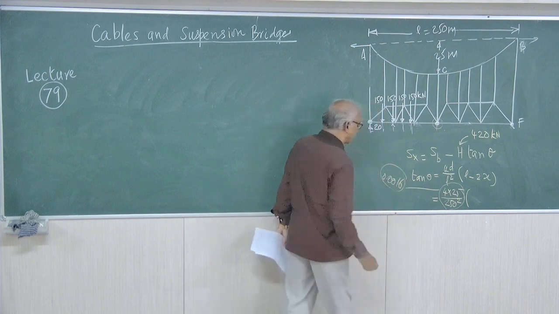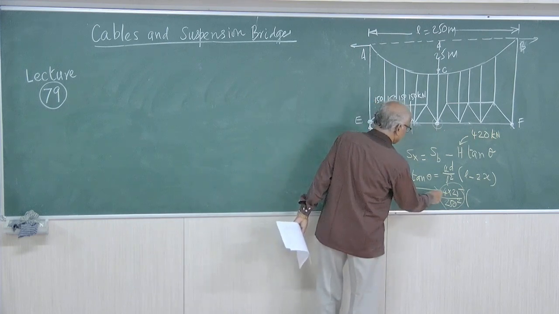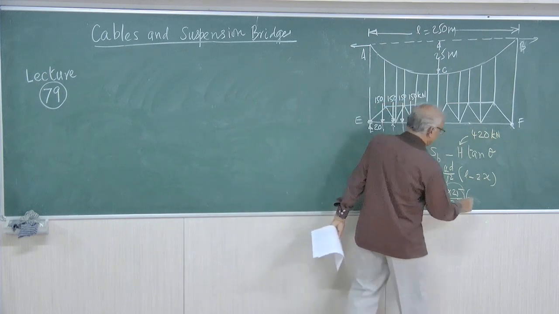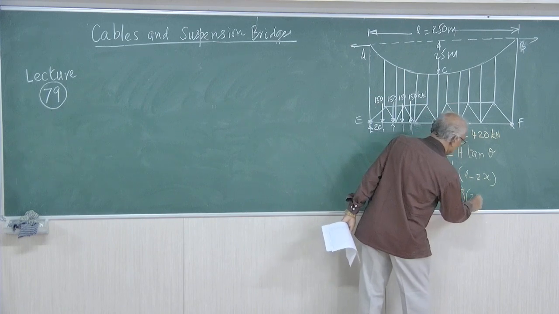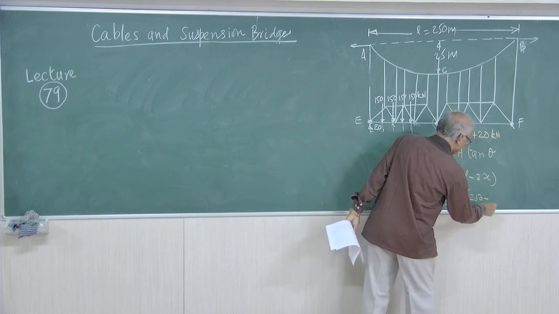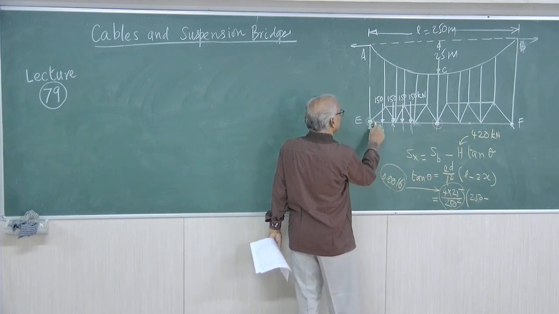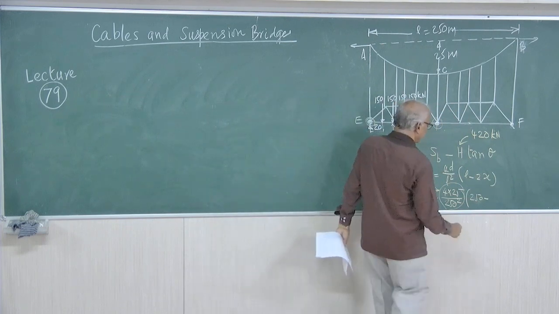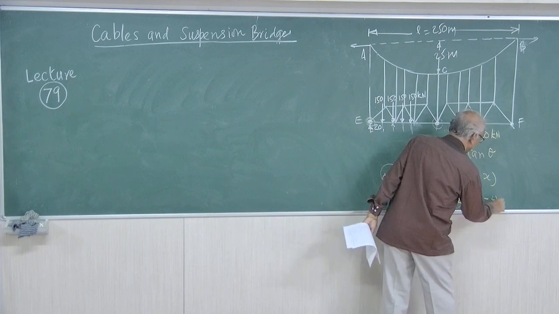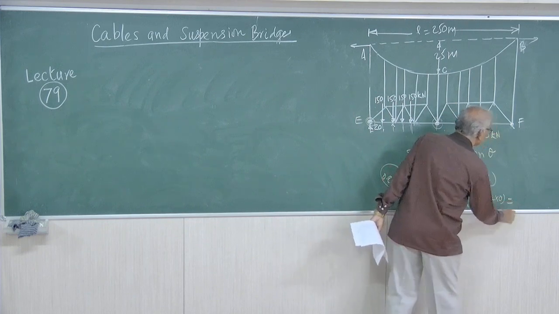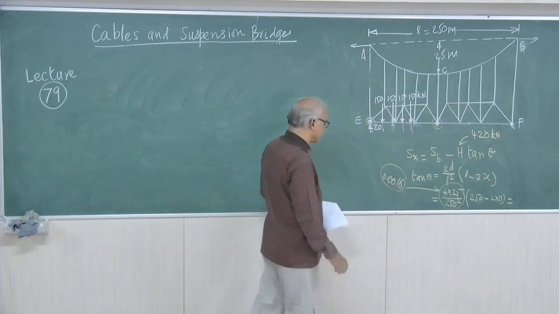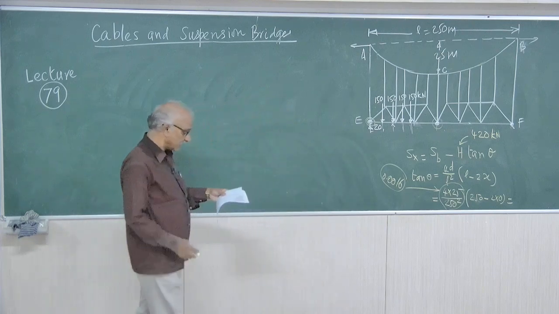Every time you need not calculate; you simplify this value, so that for any value of x you can use it, where L is 250. Suppose you want to find out the value at the point E itself. For E, x is equal to 0, so you can find out the value of tan theta. I will come to that point a little later.